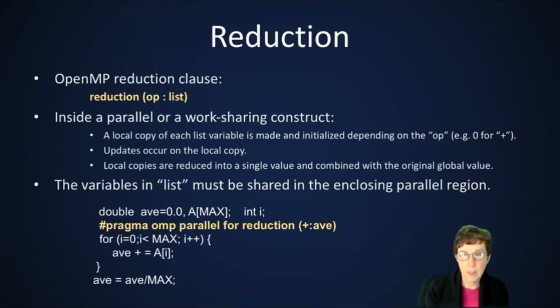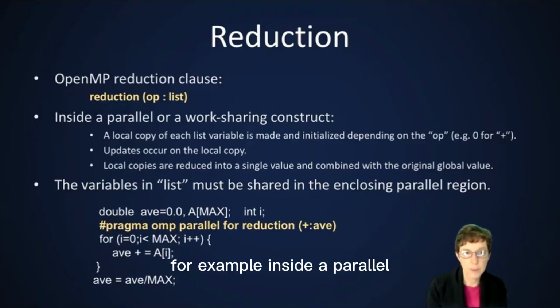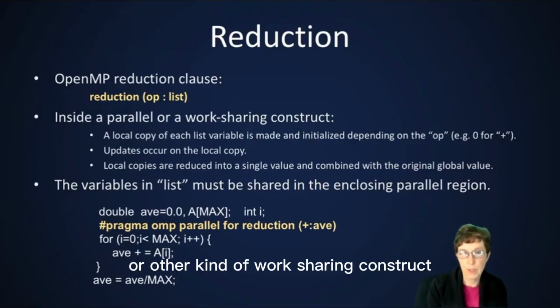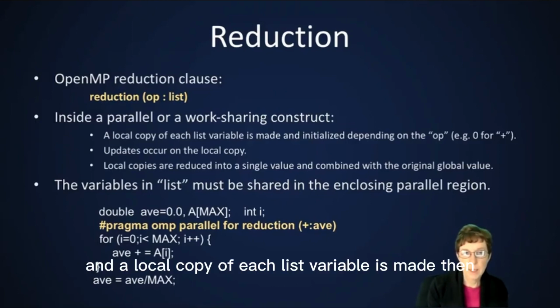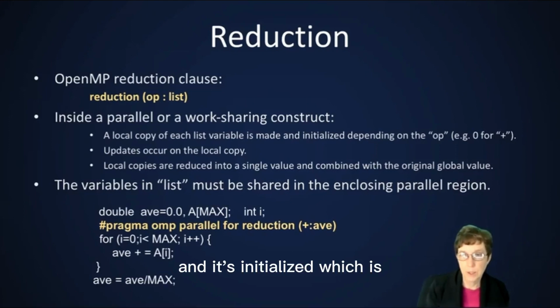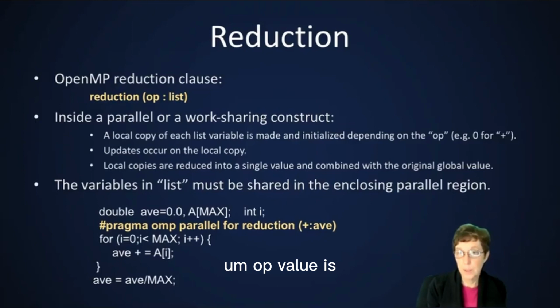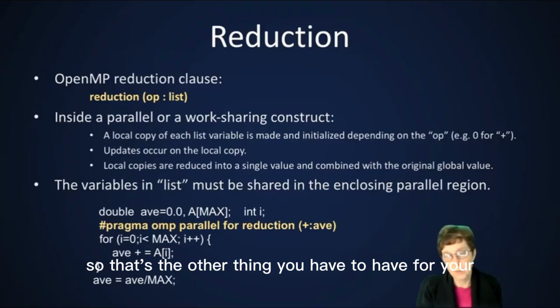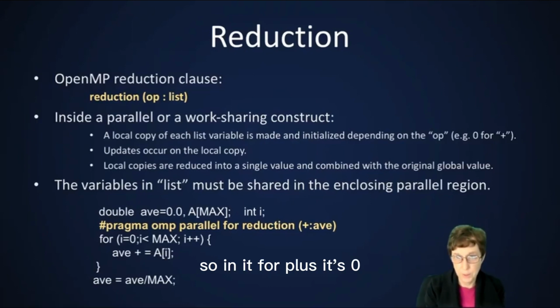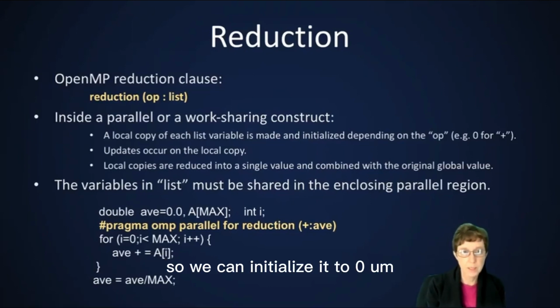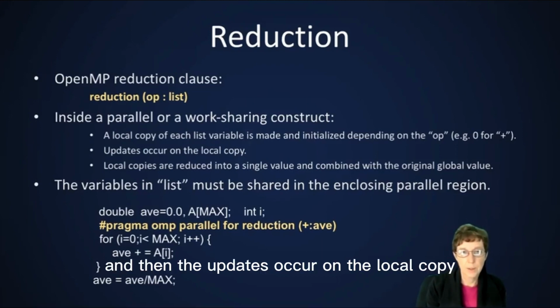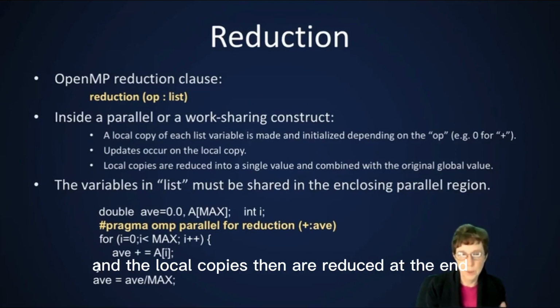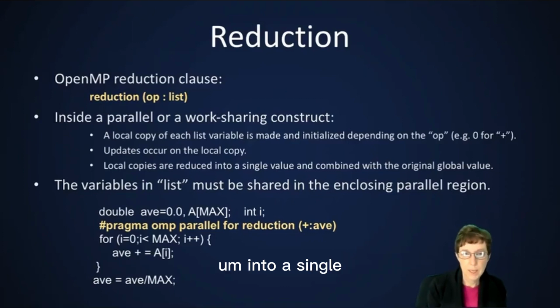So we can use this, for example, inside a parallel or other kind of work sharing construct in OpenMP. And a local copy of each list variable is made by the compiler, and it's initialized depending on what the op value is, and we'll look at what these different initialization values are. So that's the other thing you have to have for your operators, an initial value. So for plus, it's 0. So we can initialize it to 0. And then the updates occur on the local copy, and the local copies are then reduced at the end into a single value.